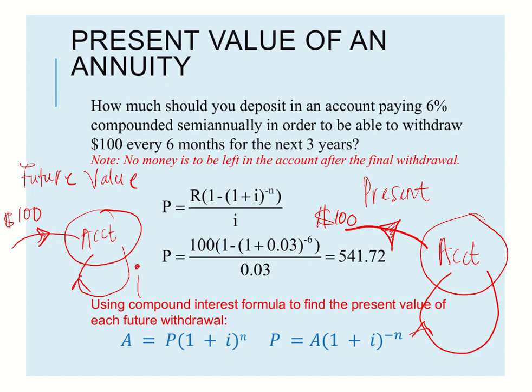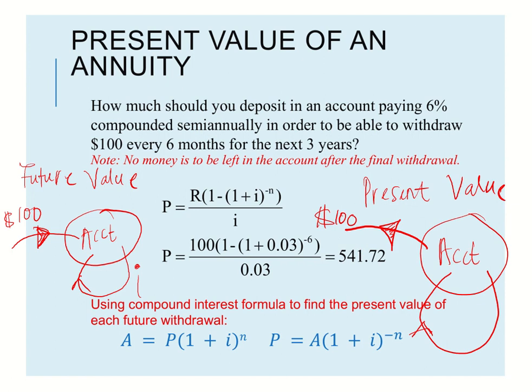This is what we call the present value. You put in the total amount, and you take out a certain value regularly. So for future value, we pay the money regularly. For present value, we withdraw the money regularly.